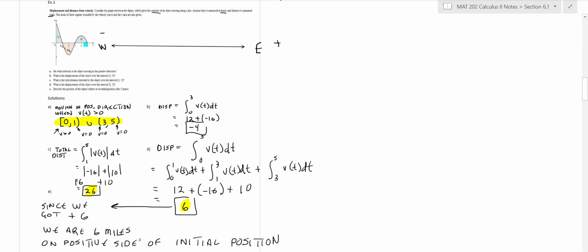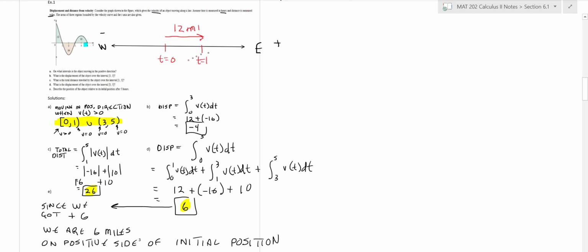So here's the meaning of this problem. Here's time equals 0 seconds. Okay, when you get to 1 second, you've actually just displaced 12 miles to the right, that's a positive number. So you've gone 12 miles like that. That would be after 1 second. Okay, then what happens from 1 to 3 seconds?